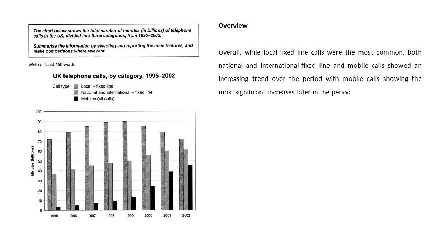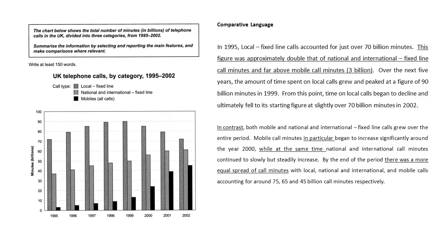So as you saw here in my body 1, I used comparative language. In body 1 I mentioned double that of national and international fixed line call minutes. So I'm saying it was double, that's comparing. Body 2, I used the expression in contrast.